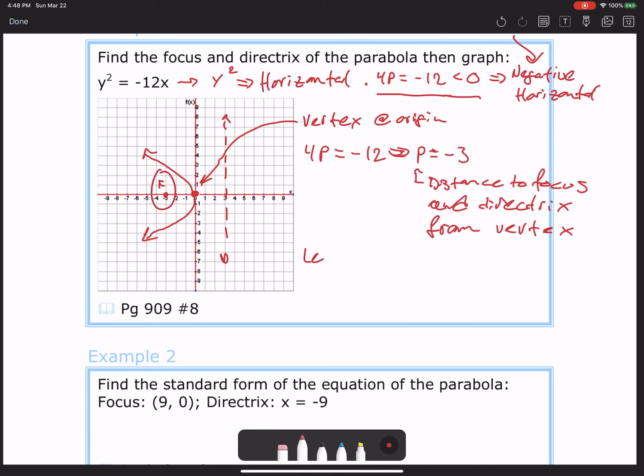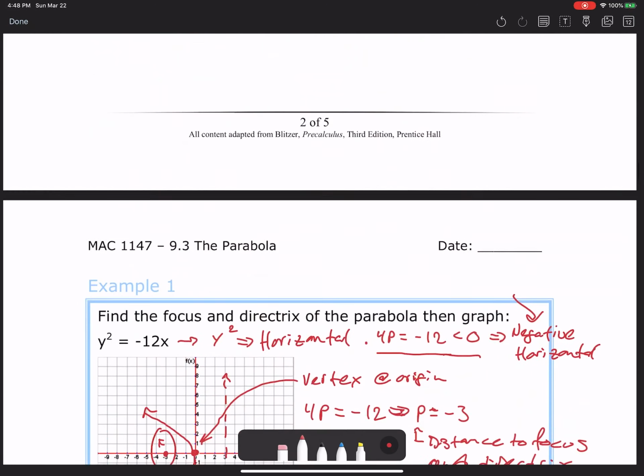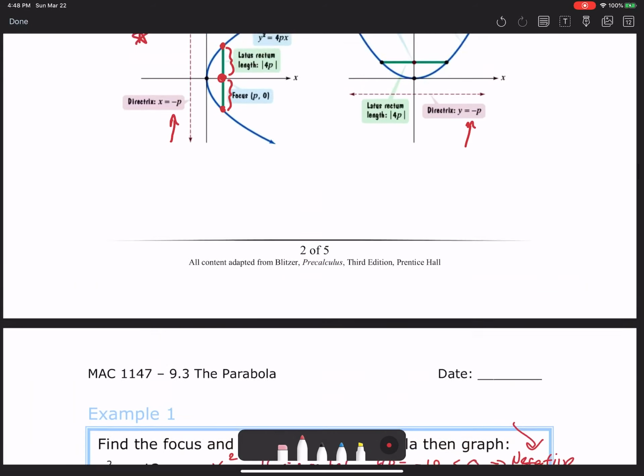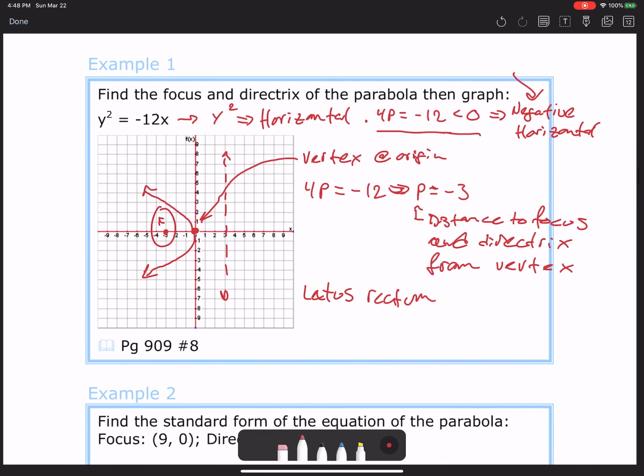The latus rectum has a length of the absolute value of 4p.